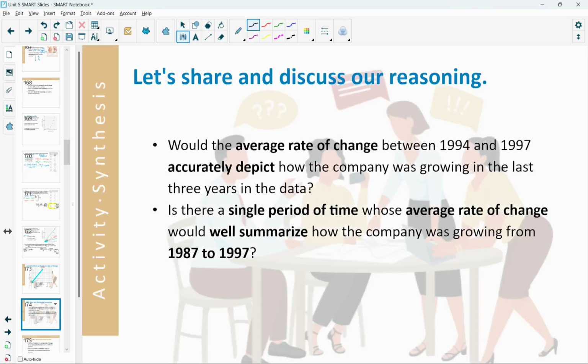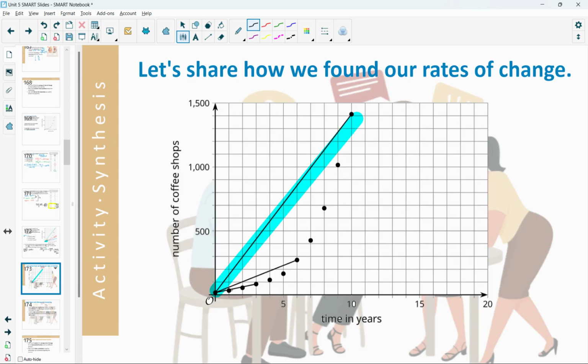And then, is there a single period of time whose average rate of change would well summarize the growth rate from 1987 to 1997? And not really, because when we looked at this, none of those were great. If you want to connect any two dots, like if we connect the first two, second two, third two, fourth two, fifth two, it's okay for the first 5.